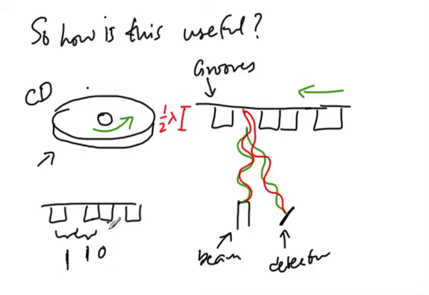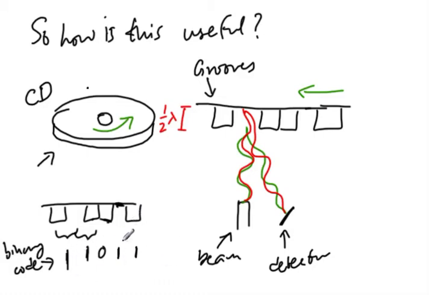Now, when the beam reads it from here to here, there's no difference, so that will be read as a 0. Whenever there's a difference between the groove and the flat surface, it's recorded as 1. So as you can see, this ends up being a string of 1s and 0s. In other words, this is the binary code that helps read the CD.